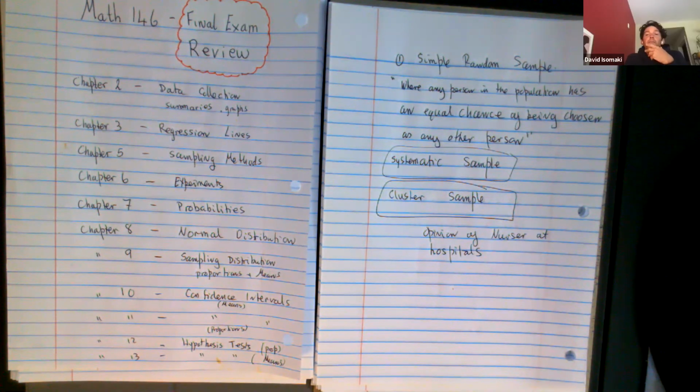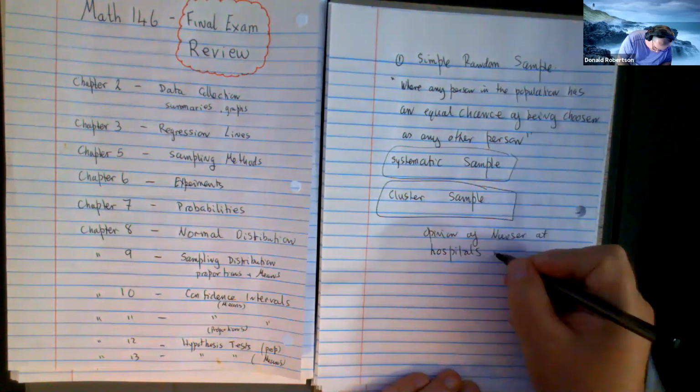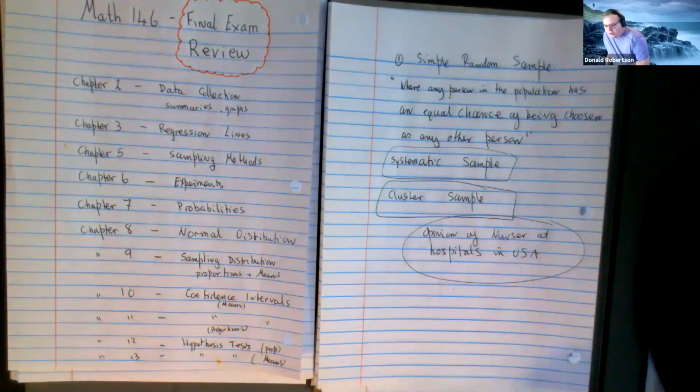Would that be like you pick floor 8 and you take those nurses that work on floor 8? Or would that be systematic? That's closer to being systematic, but quite a lot of these kind of blend into each other. I mean, the opinion of nurses at hospitals in America, so we'll make it a really big population. So any nurse who works in an American hospital, right? They have to work in a hospital and it has to be in America.